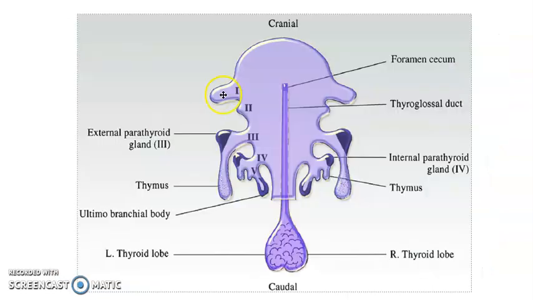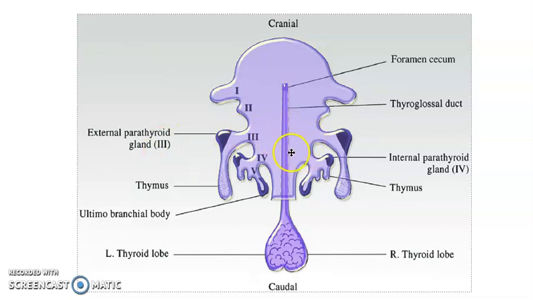If you see this picture, it descends down by forming a thyroglossal duct, and this thyroglossal duct will actually disappear when we grow up. But if it remains, that is when a thyroglossal cyst develops. Thyroglossal cyst is usually a small swelling which will usually be in the midline. So that is how you can find out.